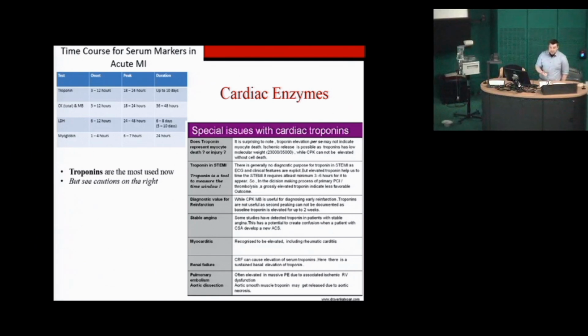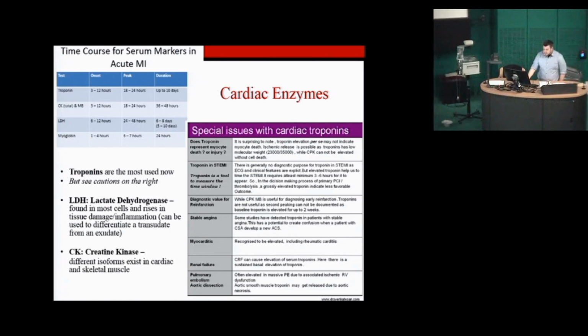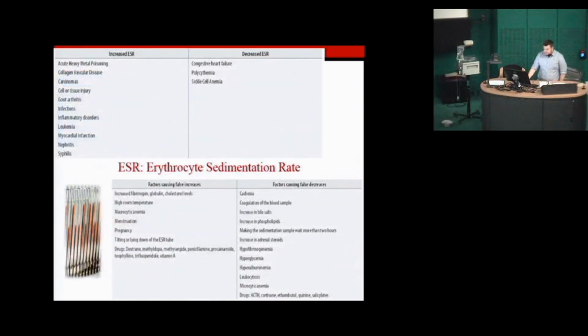They can be raised in sepsis, in renal failure, and in anything affecting the heart, so if they've got a myocarditis or atrial fibrillation, all of these can cause a rise in the troponins. So again, only request them if you're specifically trying to rule in or out a myocardial infarction or angina type picture. Some of the older ones that you would use were lactate dehydrogenase and creatine kinase. Probably not worth knowing about much now.